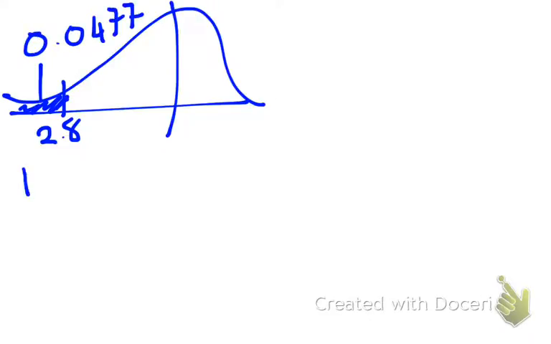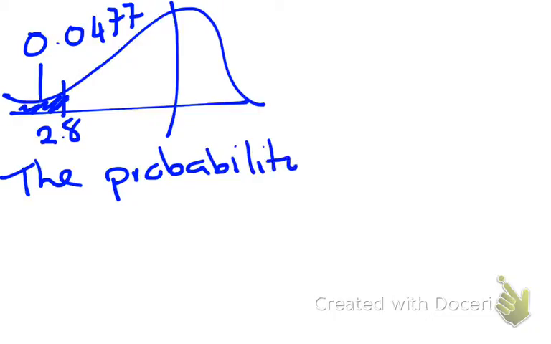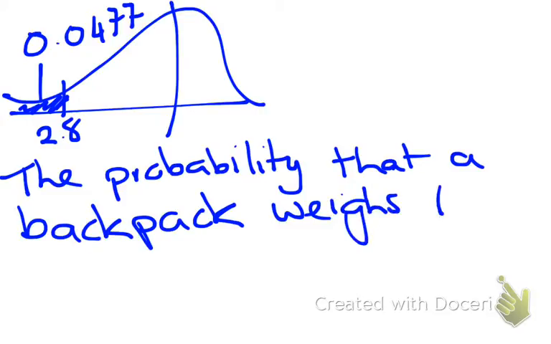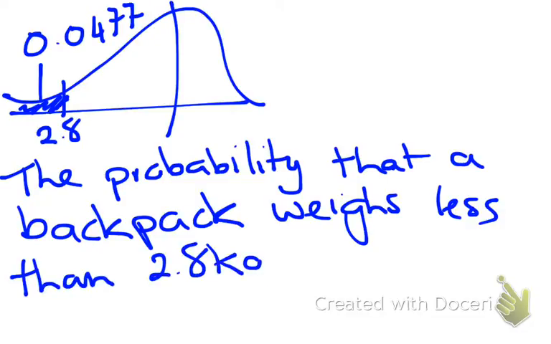So our sentence could say, always put it into context, the probability that a backpack weighs less than 2.8 kg is 0.0477.